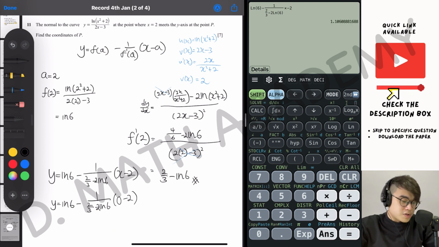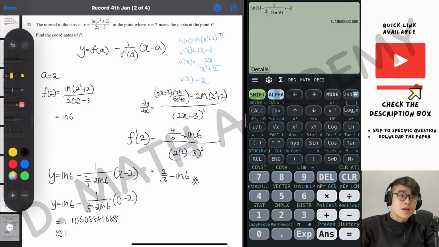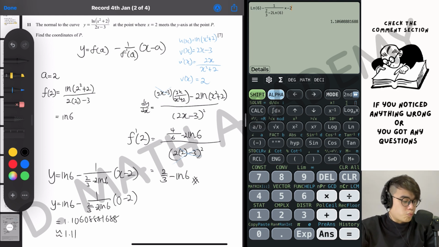So our final answer is 1.106088881688. If you were to correct it into 3 significant figures, you will get it as 1.11. So please don't repeat the same mistake like I did here. So the 2, remember to put it in, then you should be able to get the results.